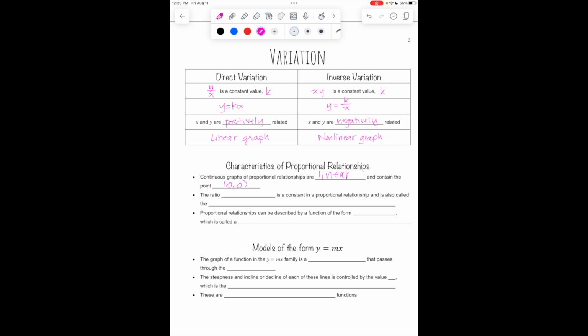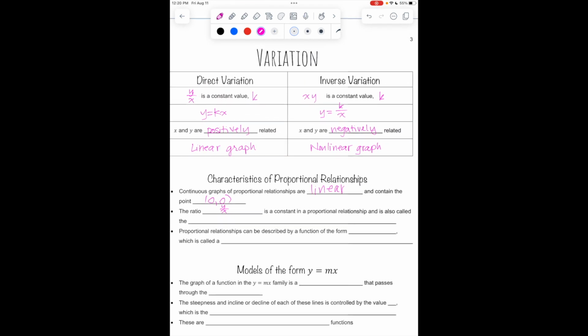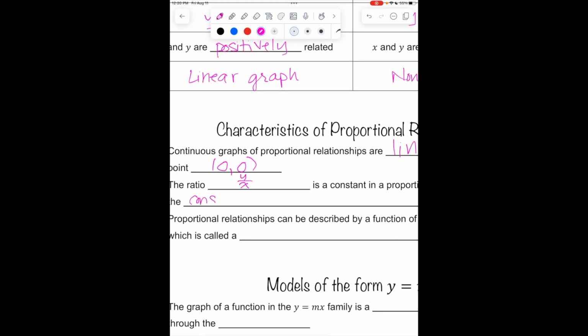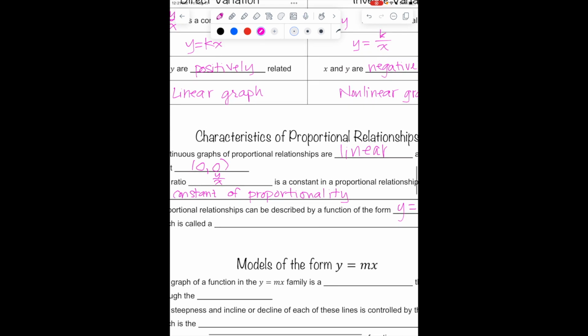The ratio that we talked about above, y over x, is a constant in the proportional relationship and is also called the constant of proportionality. Not particularly inventive, but it describes what it is. Proportional relationships can be described by a function of the form y equals kx, which we saw above. This is called a direct variation function.